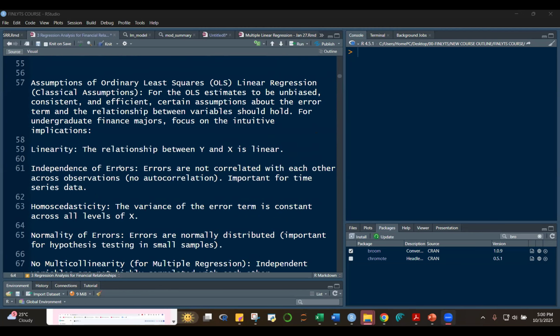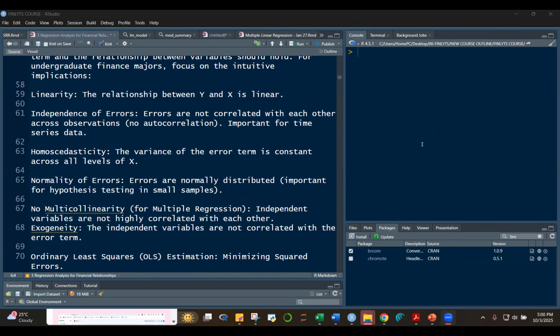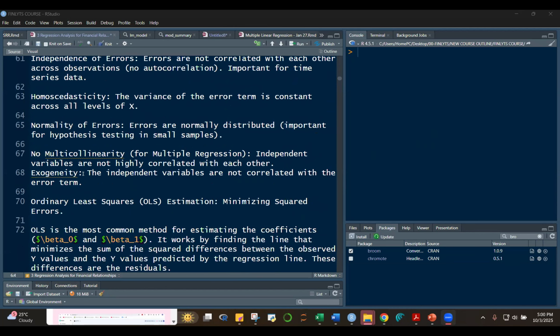Okay, so as I was saying here, class, the independence of errors is relevant for time series and panel data. Homoscedasticity was explained in the video, so I will not discuss this here anymore. Normality of errors and multicollinearity. For multiple regression, in regression class, there's only one dependent variable and many independent variables.